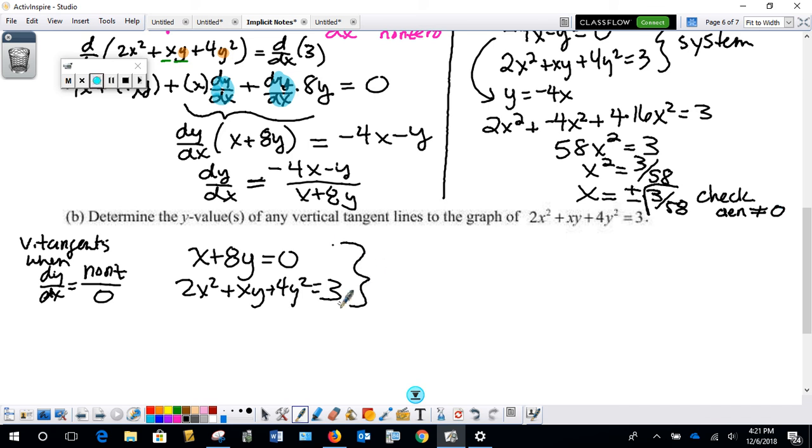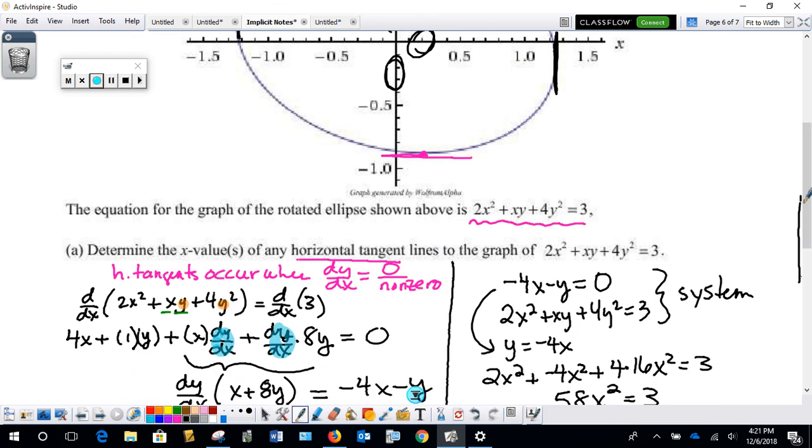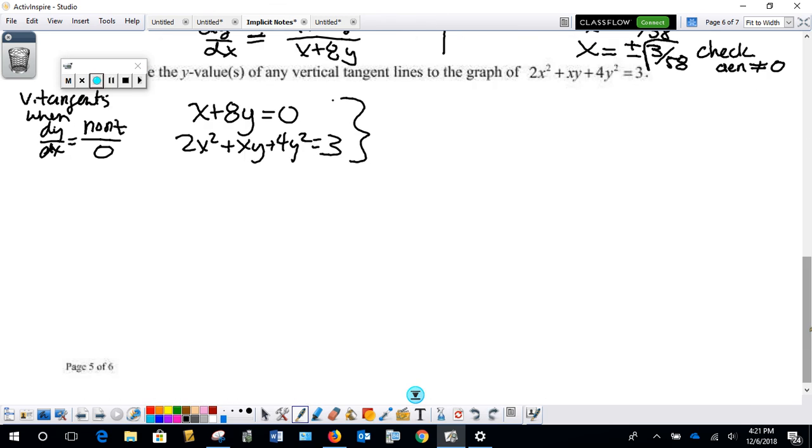This one said determine the y values of vertical tangent lines. So now looking at this, here's a vertical tangent line, so it's going to be somewhere here. Here's a vertical tangent line, so it's going to be somewhere there. I'm looking for the y values. So in the interest of time, in this one, solve it for x, because you want y in your equation.